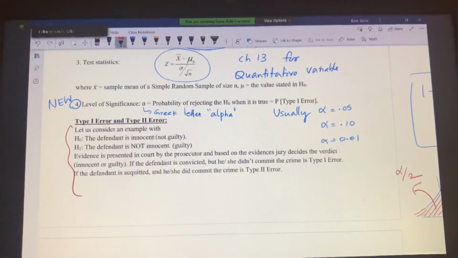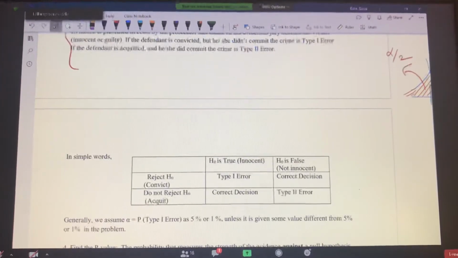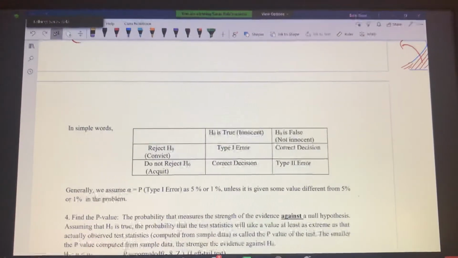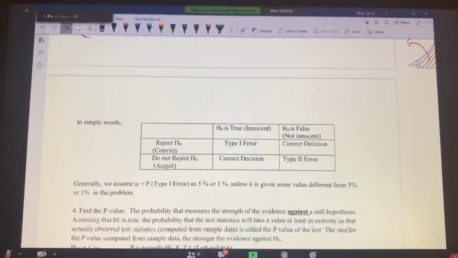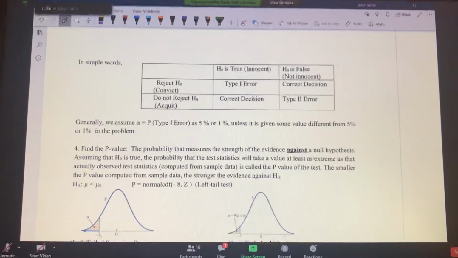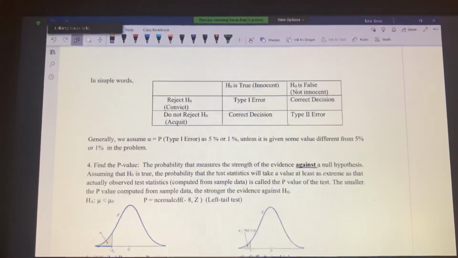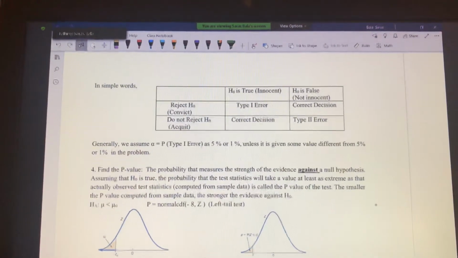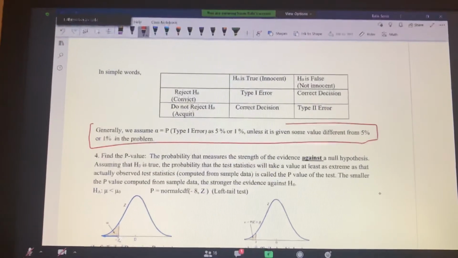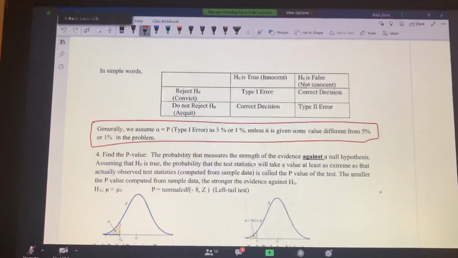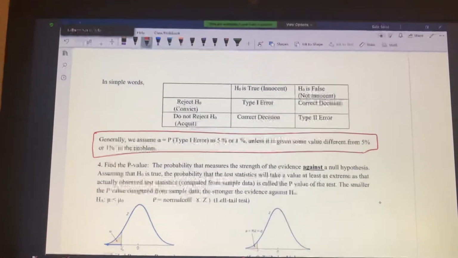Now, with two numbers, because you are going to have one probability value, and that's going to be coming from your z-score. The z-score is going to give you one probability value, and another probability value is the preset number for alpha. As I said, it is going to be usually 5% or 1%.